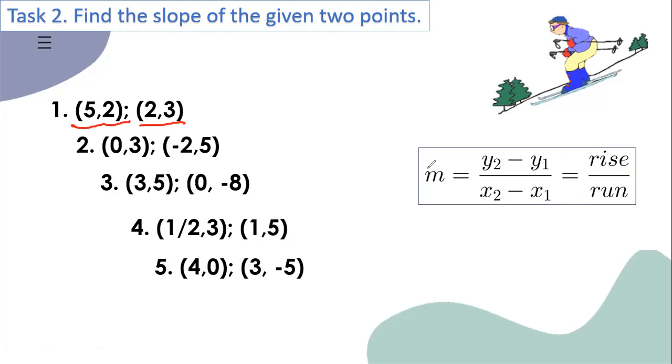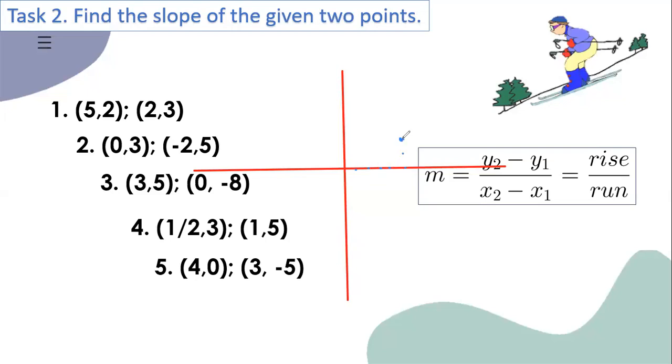So for our first example, we have the points (5, 2) and (2, 3). So we are going to connect those points. For example, we have the point 5, 2, and another point 2, 3.